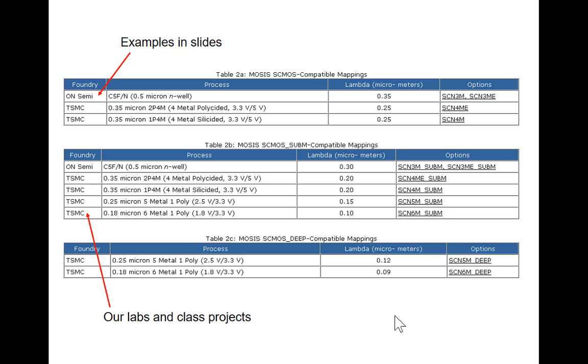C stands for CMOS, you have both NMOS and PMOS transistors. N stands for N-well, so it's a P substrate with N-well. And then the 3M says that you have 3 metal layers. And the E says that in addition to the gate poly, you have another poly layer. They denote that with the E.